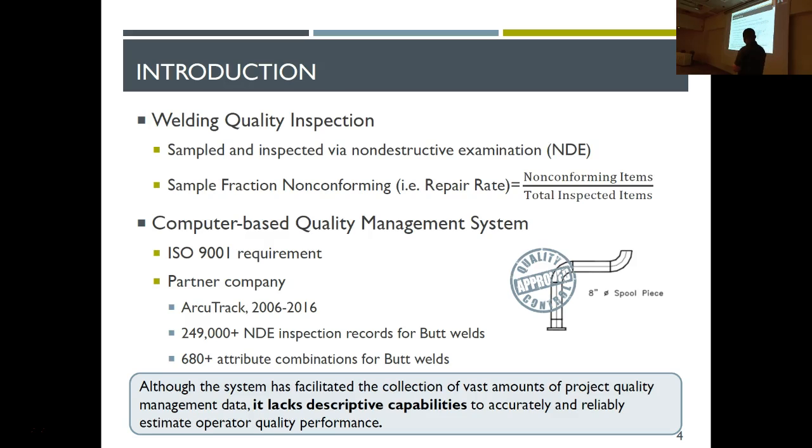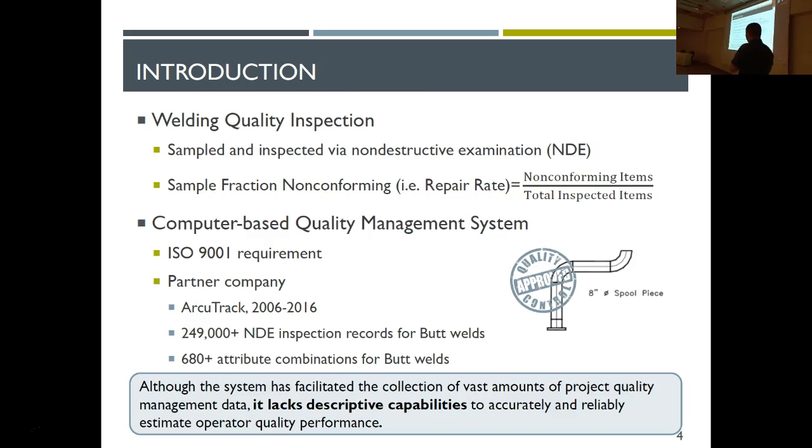They are using a quality control system called Abstract. This system was developed by the University of Alberta from our group 10 years ago. It tracks 10 years of pipe welding quality inspection data, and there are more than 250,000 NDE inspection records tracked in this system.